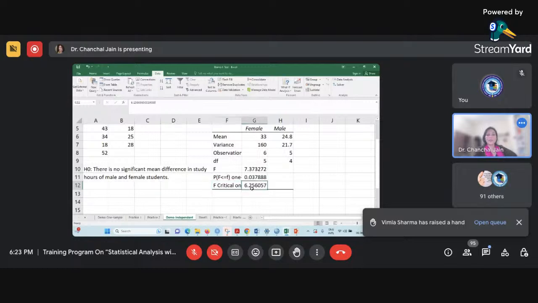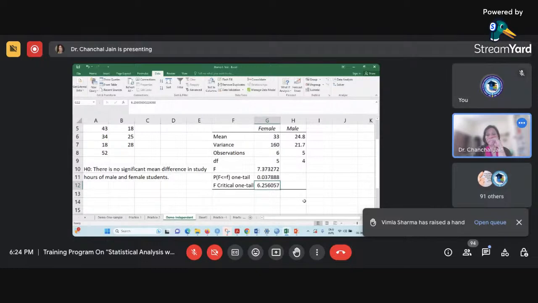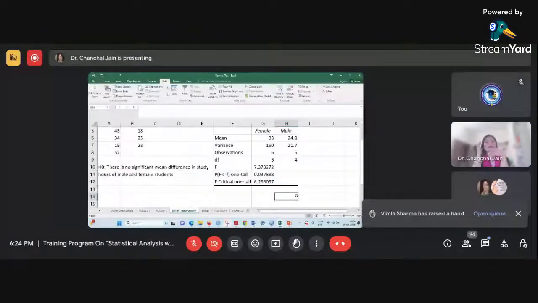So, can anyone tell me, this is the table value, this is the calculated value and this is the critical value. On the basis of this, what can we conclude?